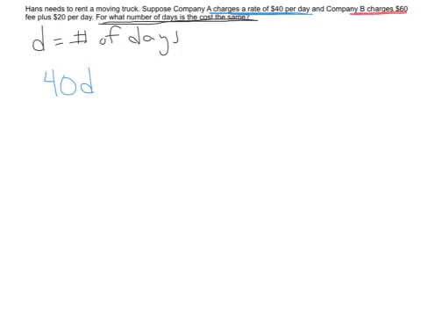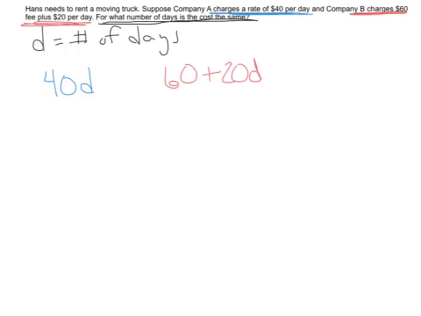Company B charges a $60 fee plus $20 per day. So with Company B, you're going to pay $60 up front, plus you're going to pay another $20 for each day, whether that's 1 day, 2 days, 5 days, 7 days. So $20 times D, the number of days that you rent the truck.